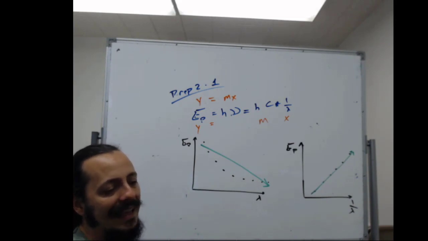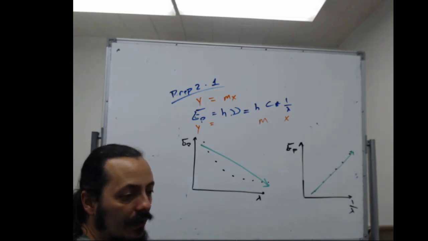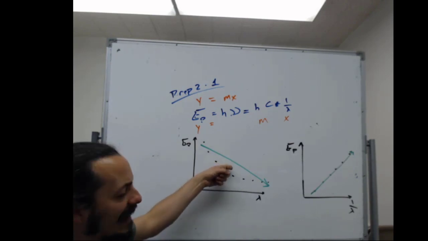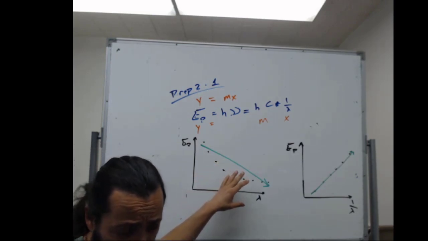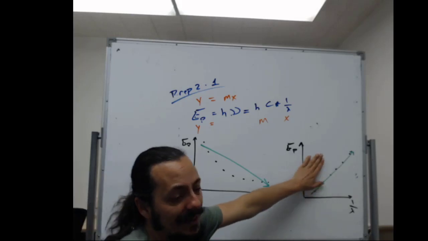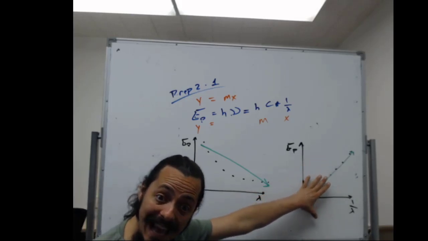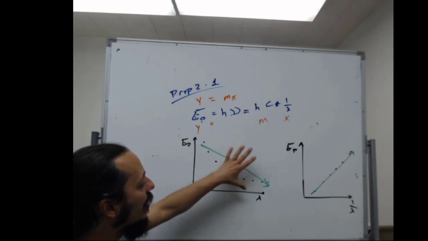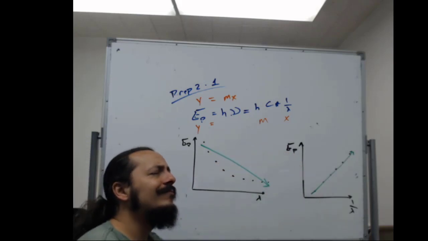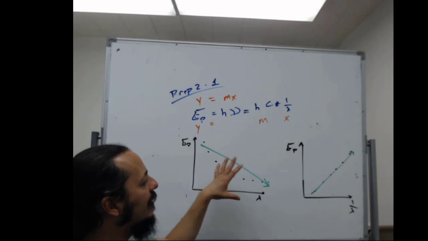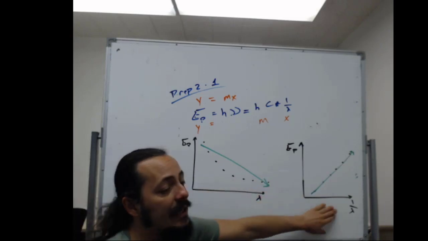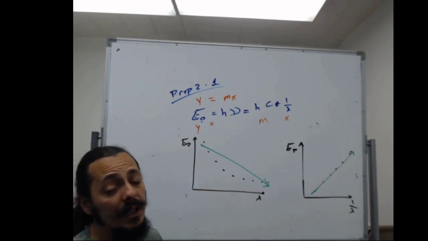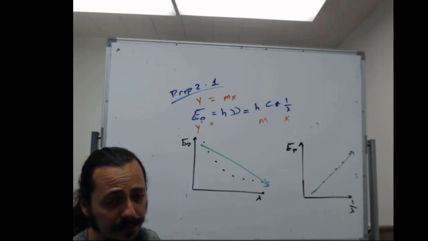So what part 1 is asking us to do is plot the data, figure out what the slope is for this one, which should be terrible for our data, and then figure out what the slope is for this one, which should be fantastic for our data. So this gives us a way to model whether we've got a direct dependence or an inverse dependence. This is going to be a really important concept.